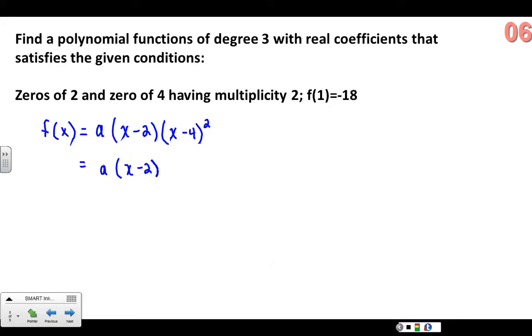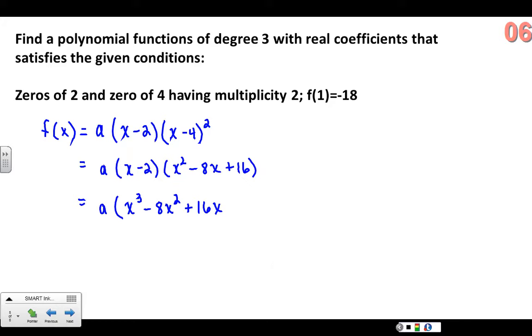x minus 2. If I square out x minus 4 squared, that's x squared minus 8x plus 16, if you FOIL or use the squaring of the binomial method. Then we'll multiply x minus 2 times everything. So that's going to be x cubed minus 8x squared plus 16x.